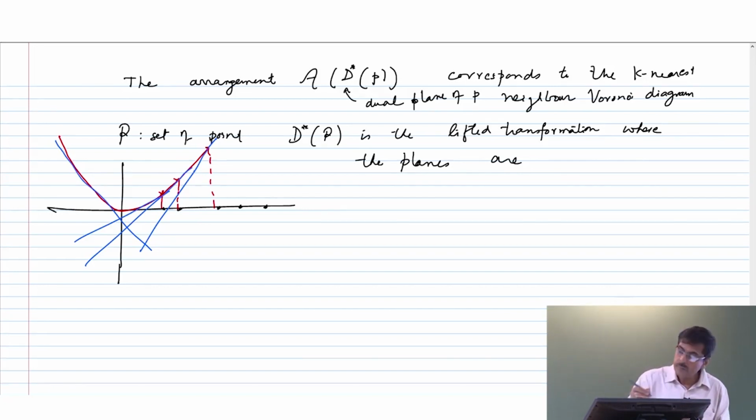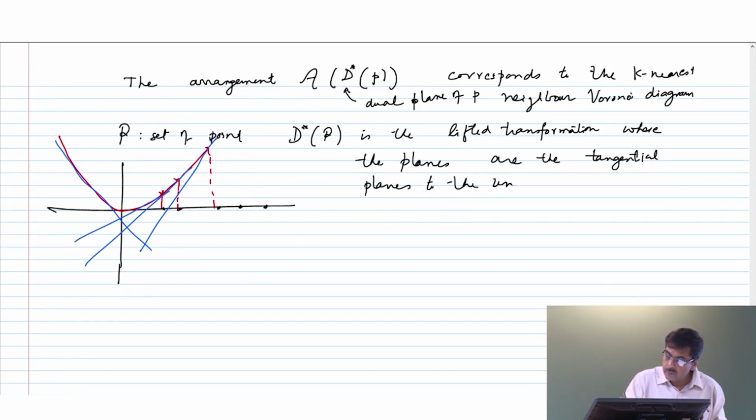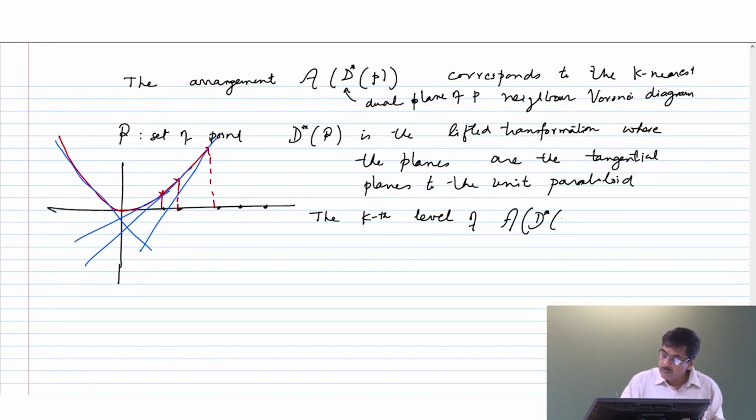Then in this arrangement, the kth level of P corresponds to Voronoi k of P.